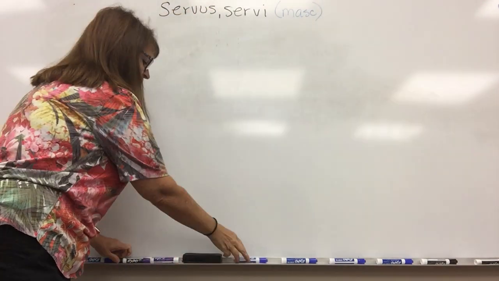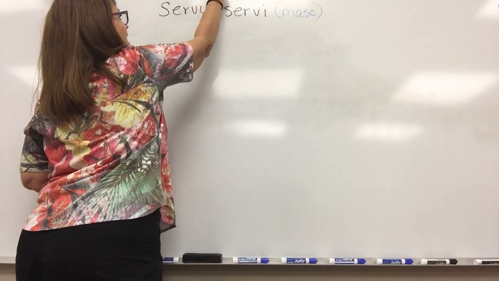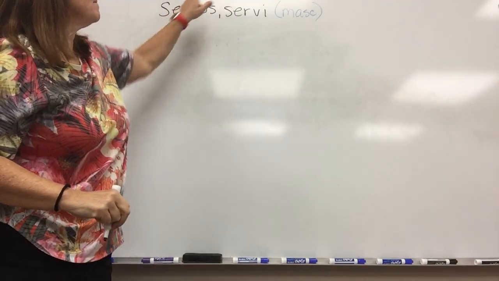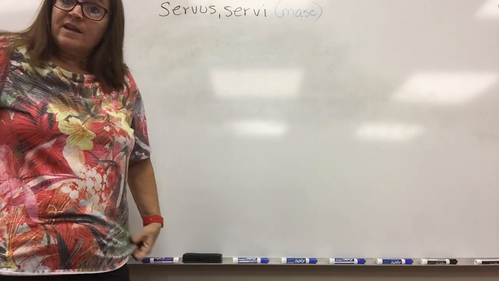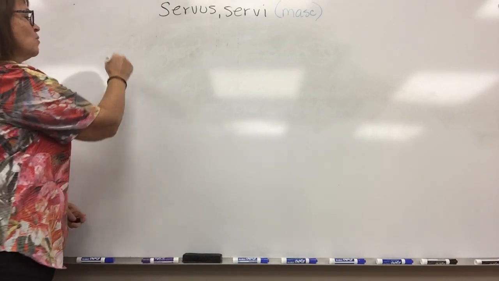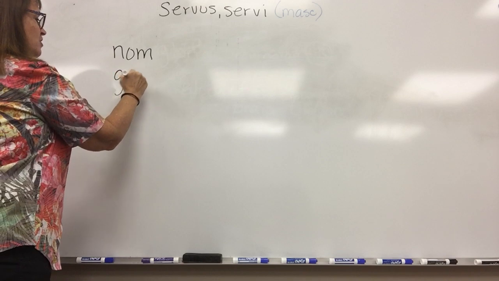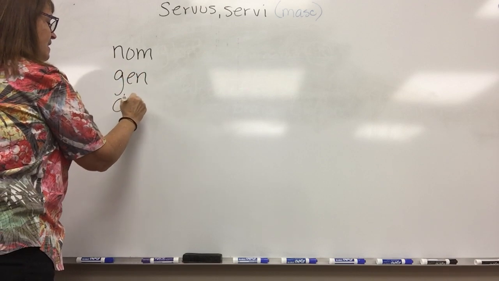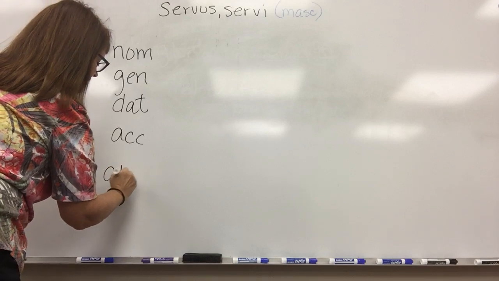So if we're trying to think about gender, we do 2DM, okay, second declension masculine, and this is our model. So let's decline servus, servi. So remember how we do that? We write down our cases: nominative, genitive, dative, accusative, ablative.